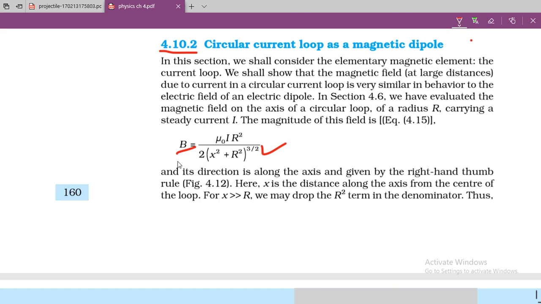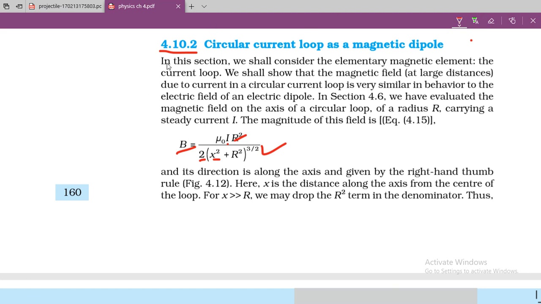So here you can see that mu naught is the permeability of free space, I is the current flowing through the loop, r is the radius of the loop, this 2 is a constant, and x is the distance of the point from the center of the loop on the axis. Okay, so let's see what is given in this paragraph.